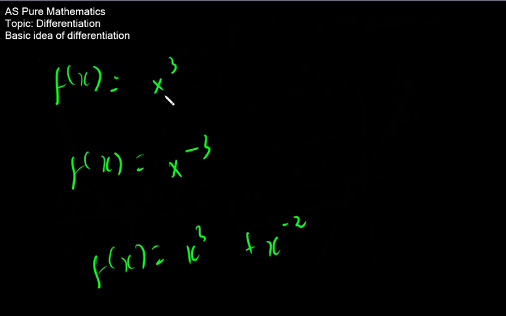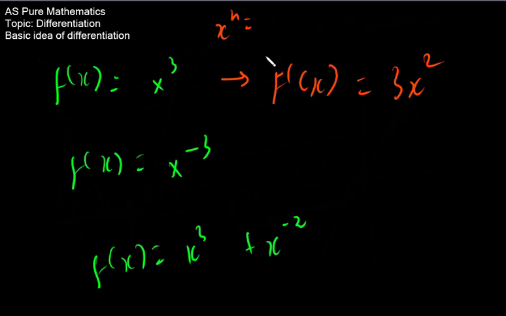Now f of x is equal to x to the power of 3. If we differentiate it, what we will have is 3x squared, by the basic rule of x to the power of n. Differentiating gets us n times x to the power of n minus 1. So here n is 3, and n minus 1 is 2. So this is what we call the differentiation of f of x.